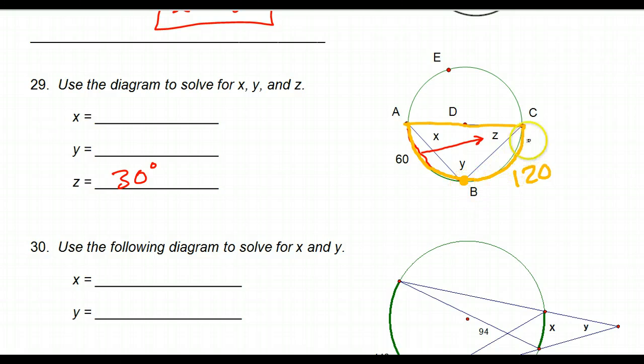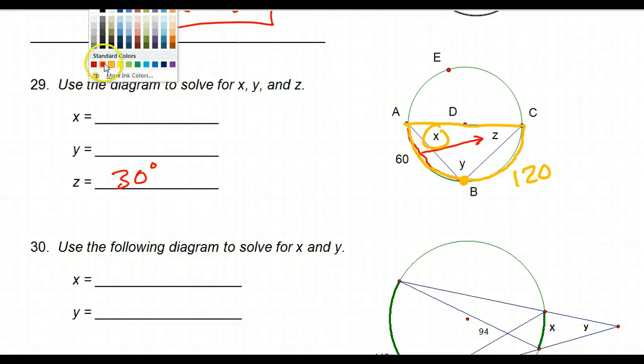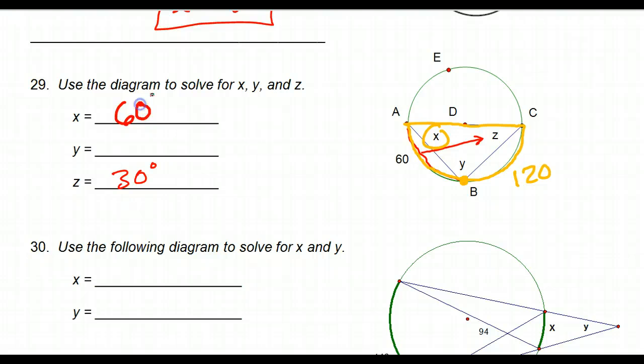Okay, so arc BC is 120, which means that x is going to be half of that. So half of 120 is 60, of course. So kabam. So x is 60.